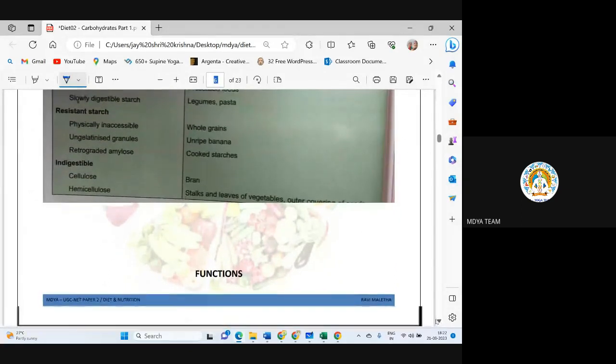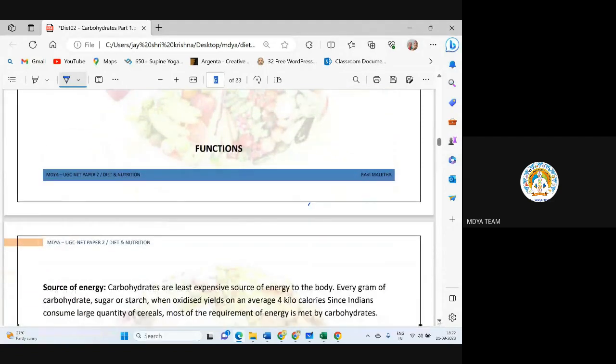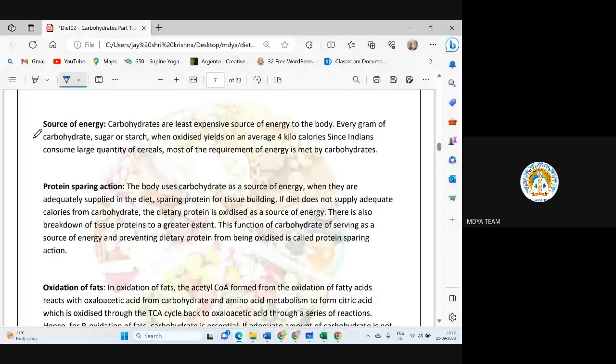Now we will move towards the functions of carbohydrate. The major function of carbohydrate is that it is a major source of energy. Every device needs some energy to do work. You charge your laptop, you use petrol in your car in order to drive.